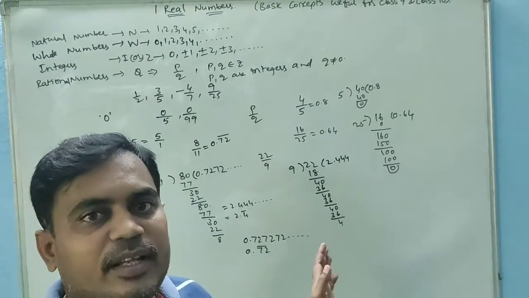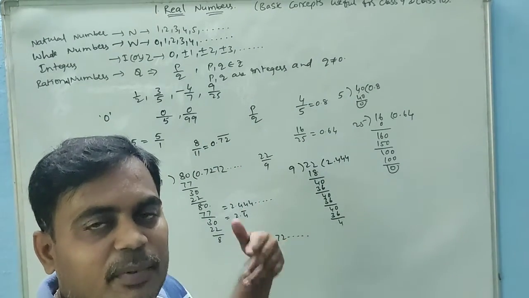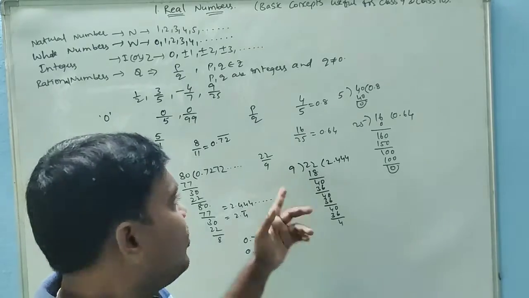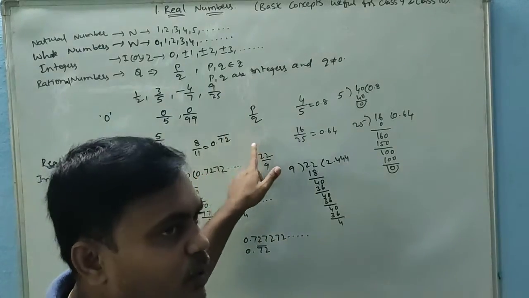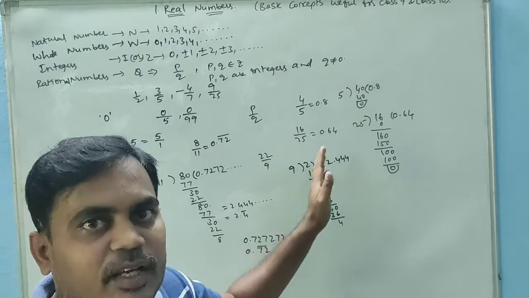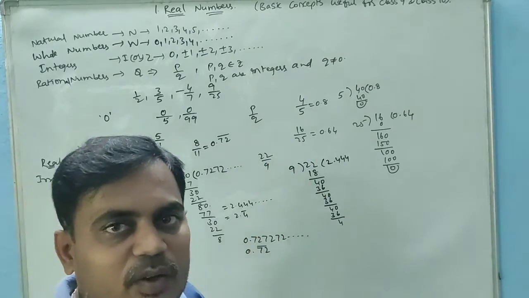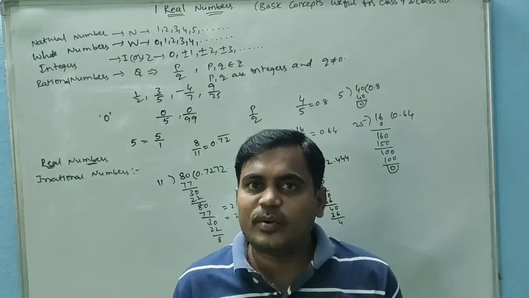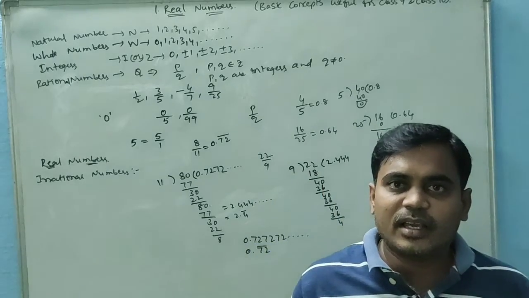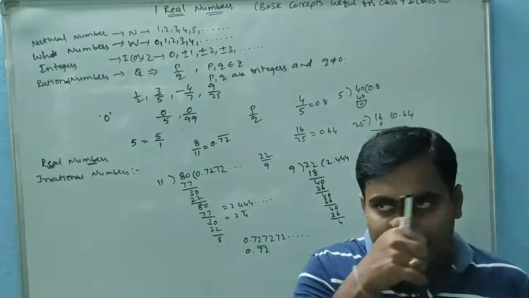It is non-terminating, but it is repeating. So 72, 72, 72, like this it will be continuous. So when we are converting a rational number into decimal form, either it is terminating or non-terminating recurring decimal.